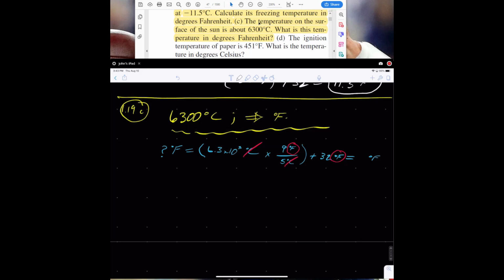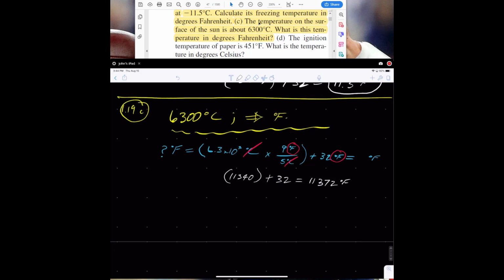We can do 6.3 times 10 to the third power multiplied by the fraction of 9 over 5 will give you the total 11,340, and we have to remember that we're going to add 32 to it. So that's going to give you 11,372 degrees Fahrenheit.